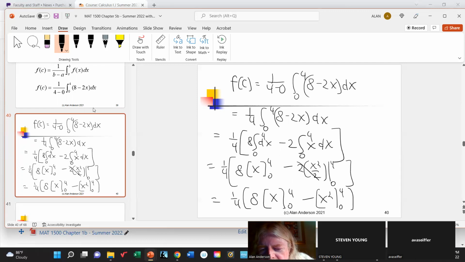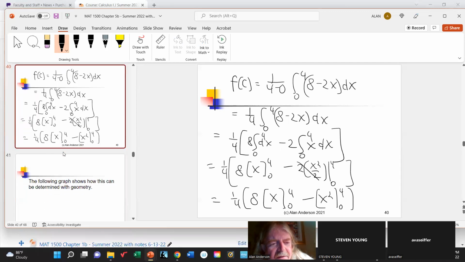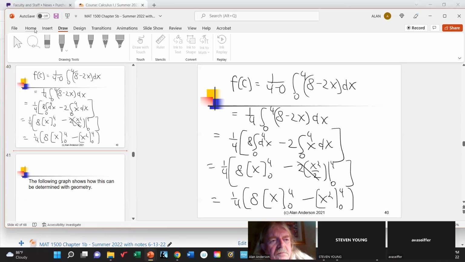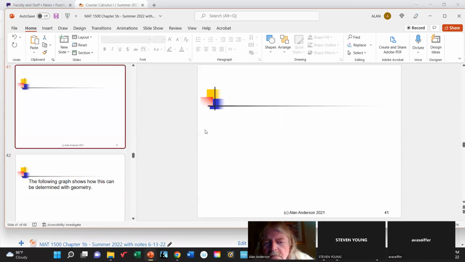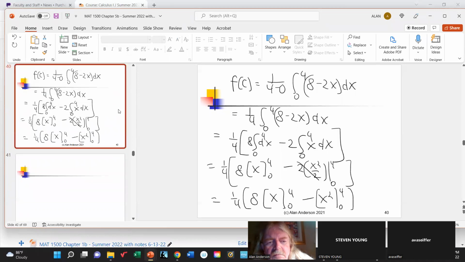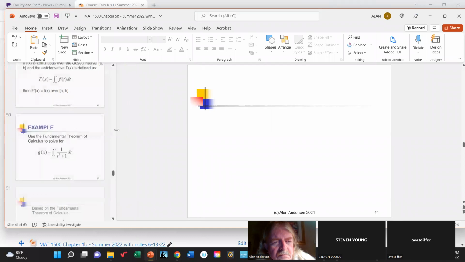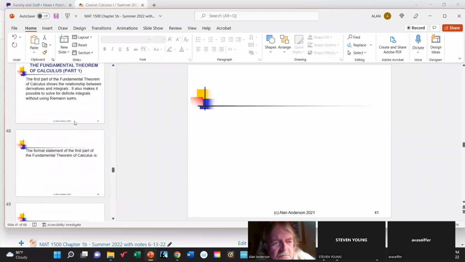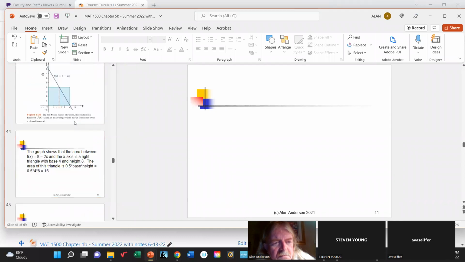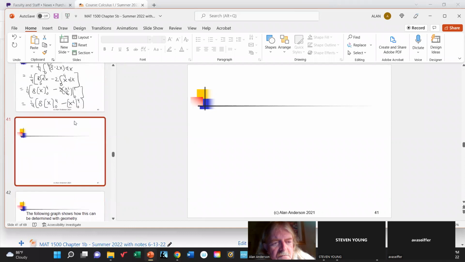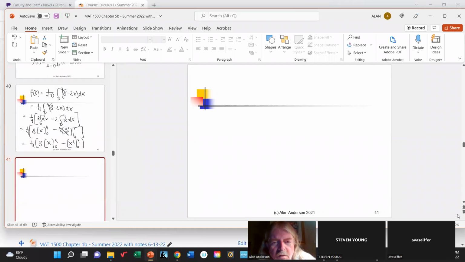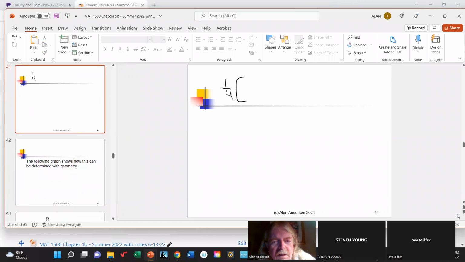And then we can just solve. So here's what's actually happening. All right, so we have 1/4, one quarter, 8. Now, here's the important part.